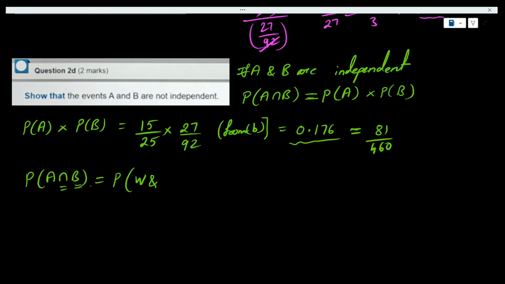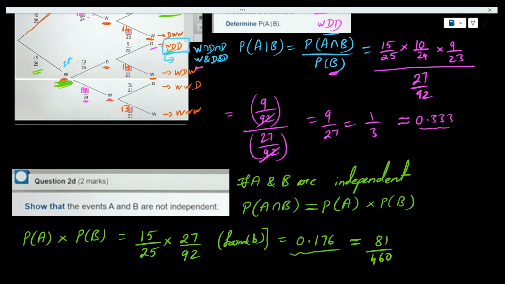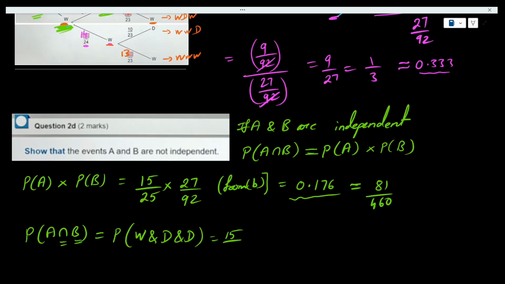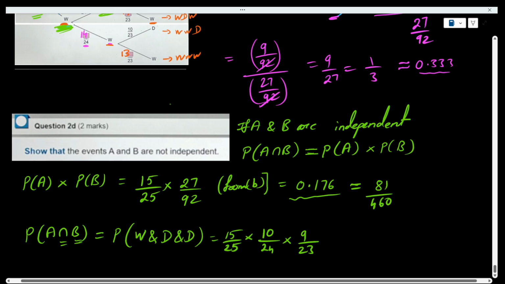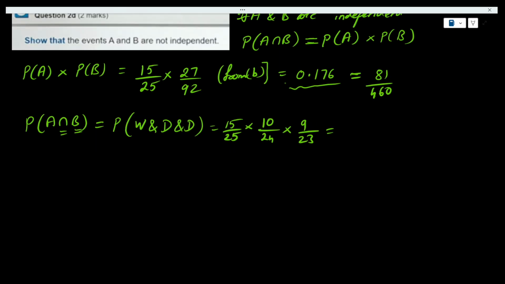Then B is selecting exactly two dark chocolates, so D and D. Now WDD, if you take the probability, this branch, white and then dark and then dark, is 15 by 25 times 10 by 24 times 9 by 23. You have done this part in the previous bit. It was coming as 9 by 92.